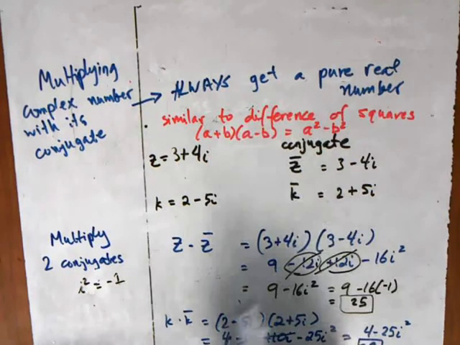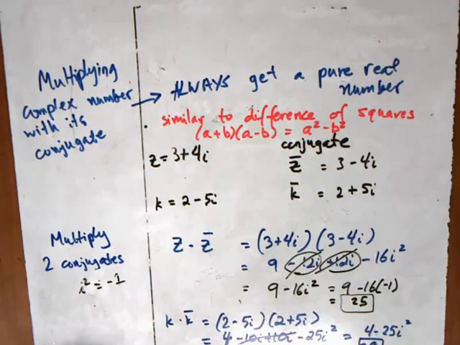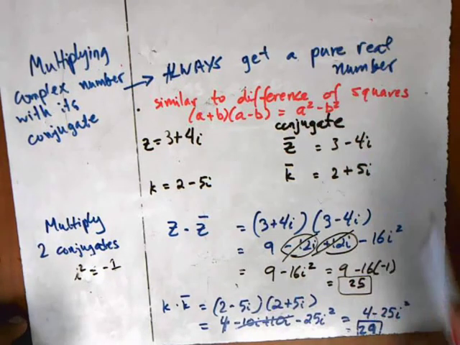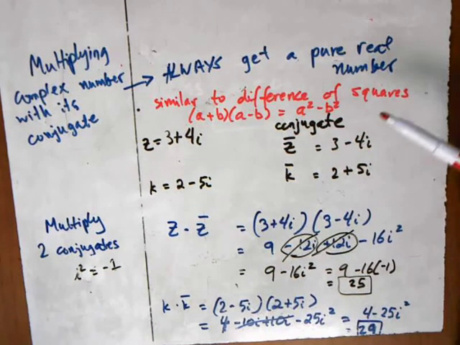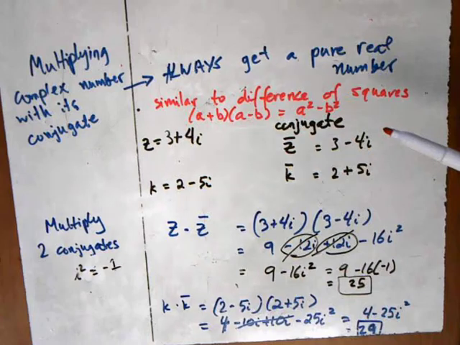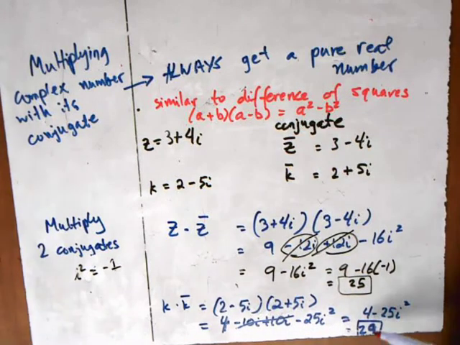So it's similar to that, but it's not quite the same thing. There's a thing where the middle terms cancel out. That's similar to this, but the more beautiful thing about multiplying complex numbers and its conjugates is that you always end up with a single real answer as the value.